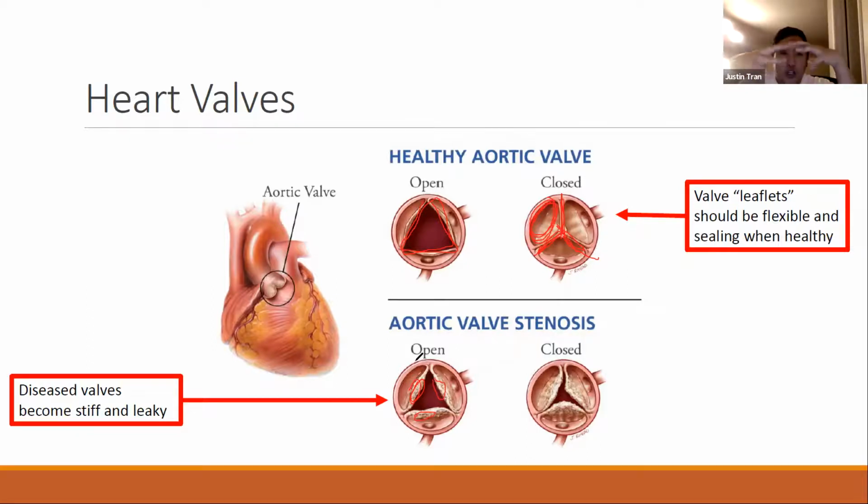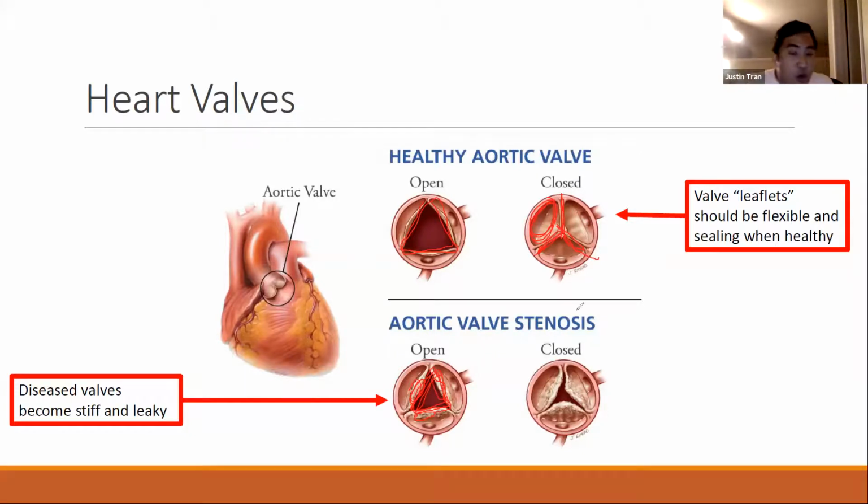And so a rusty machine, it's always really hard for it to move. And so a diseased valve acts the same way. And so when you have a stiff leaflet, instead of opening up very smoothly, it kind of creaks open like this, right? And so when it reaches its fully open state, this orifice here is not as big as it's supposed to go. Okay, and so blood has a hard time going through a diseased valve, because it's not opening as much as it could.